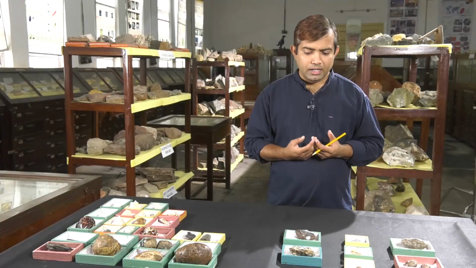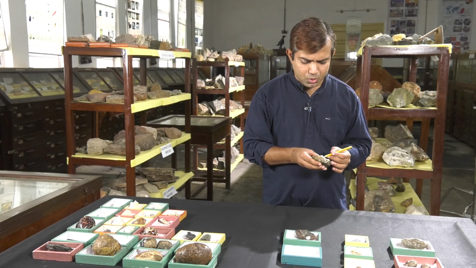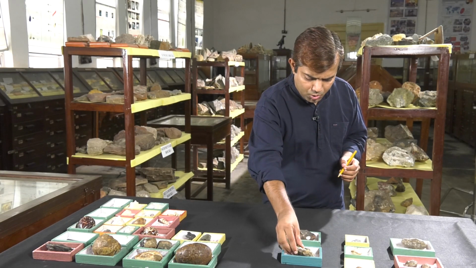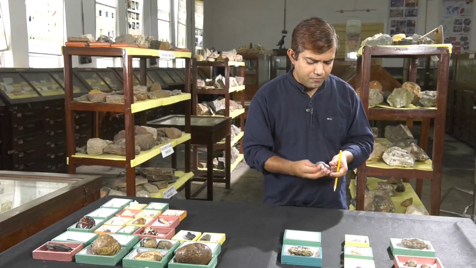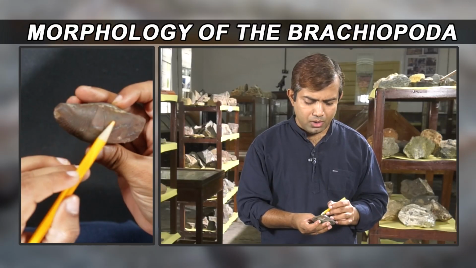Then comes the special feature, any special ornamentation which you have observed in the brachiopod. Like for example, you have the radial ribs in Spirifer, you have very well pronounced distinct sulcus and lobe.